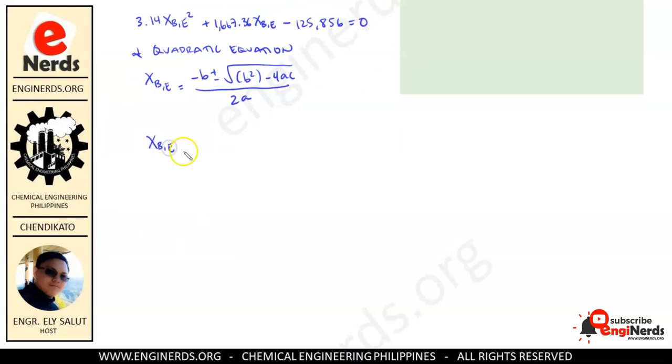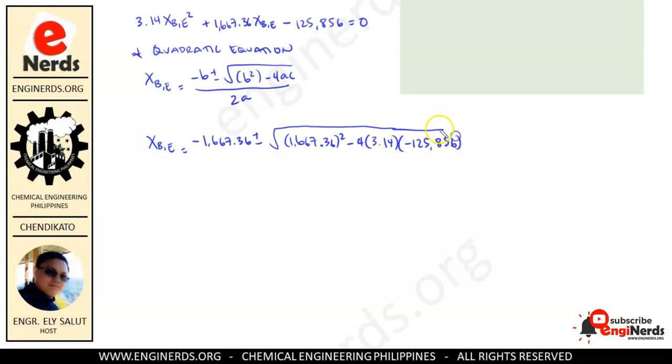XBE is equal to negative 1,667.36 plus minus the square root of 1,667.36 squared minus 4 times ating A, which is 3.14, times ating C, negative 125,856 over 2A, which is 2 times our A, which is 3.14.